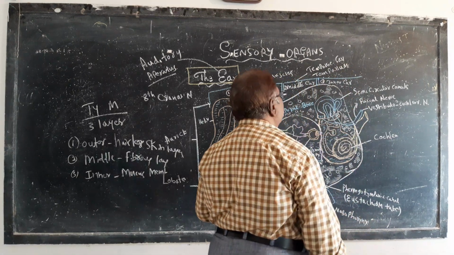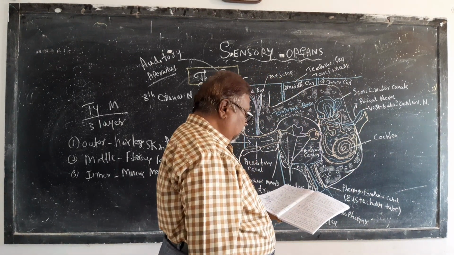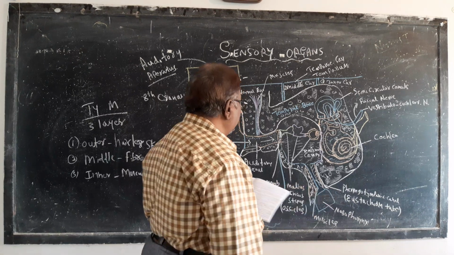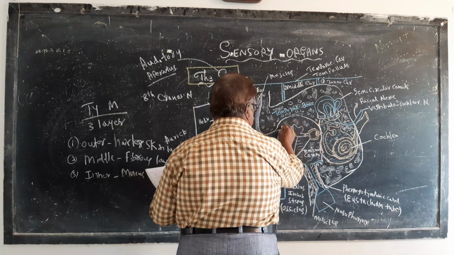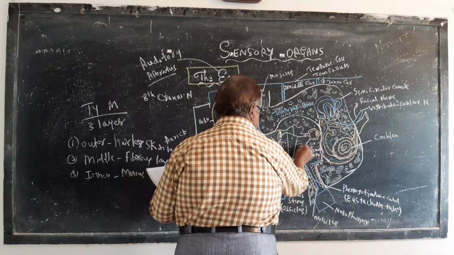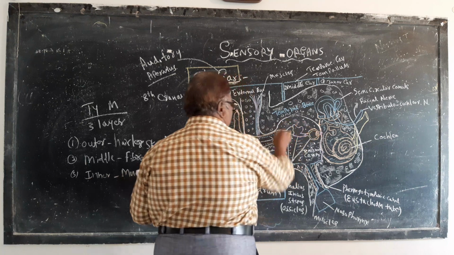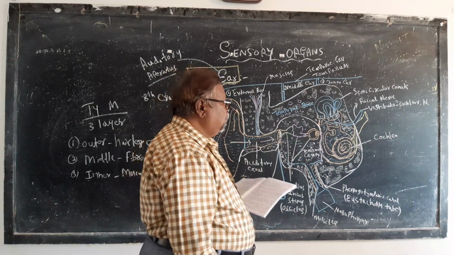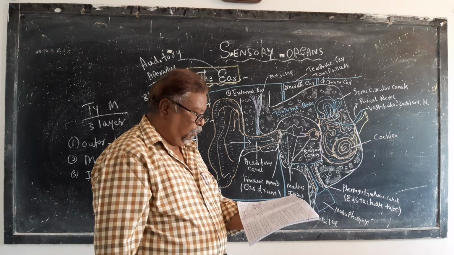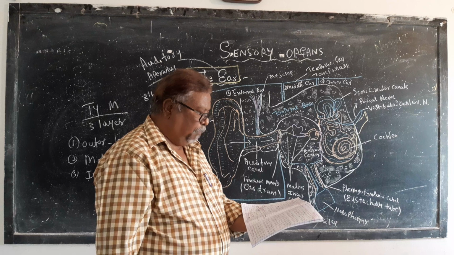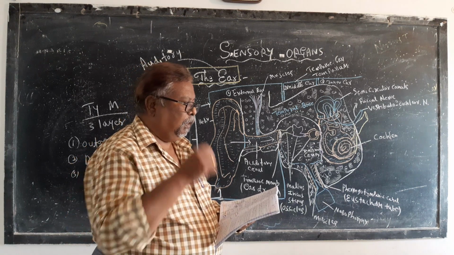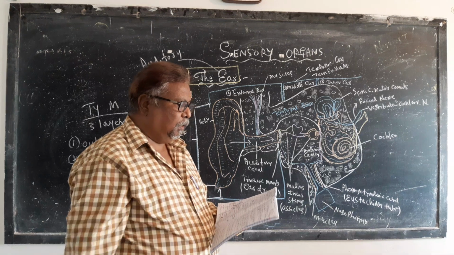It is a cube-shaped narrow cavity filled with air spaces, situated in the temporal bone and present between the external ear and the inner ear. So here you can see the air sacs, and the tympanum is filled with air.